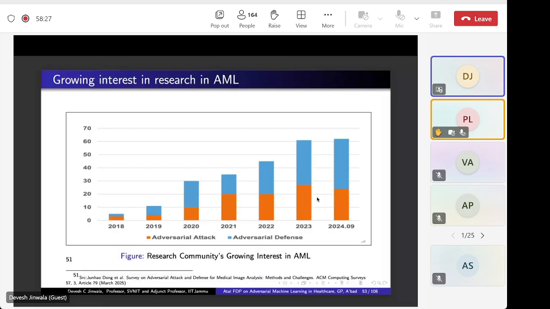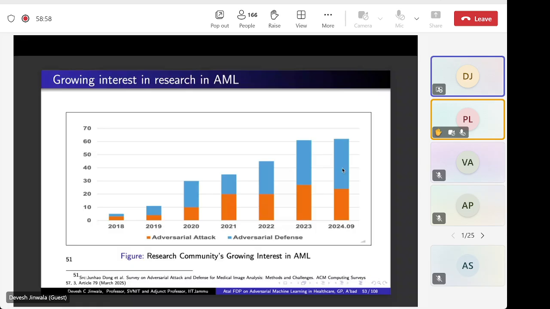It's not that only when the attack is orchestrated by an adversary would everybody in the world be able to know that such is the method to carry out the attack. That would be studied by researchers also. So one positive aspect here is that the number of papers which talk about adversarial attacks has slightly reduced, but that is only up to September 2024. The data after that is not shown in this particular paper, though it might be available.